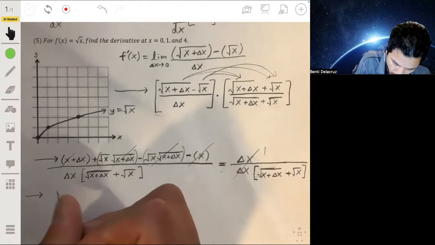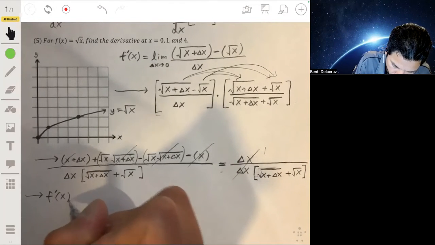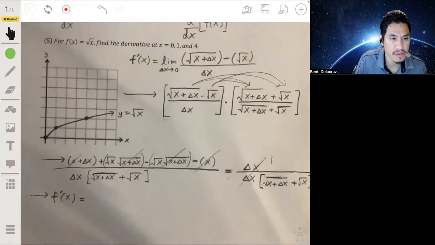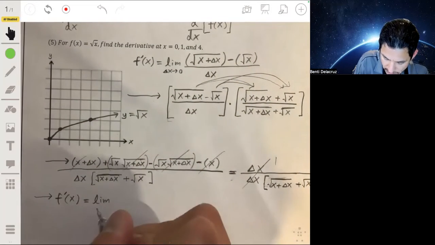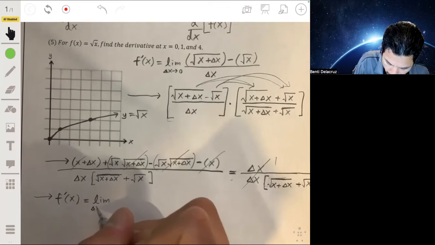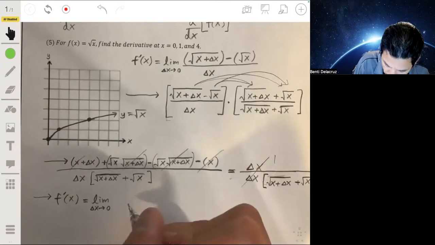And so we'll have f prime of x. I should have written this over, but it's all right. F prime of x equals the limit as delta x goes to 0 of 1 over this.